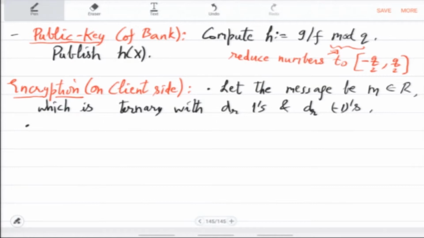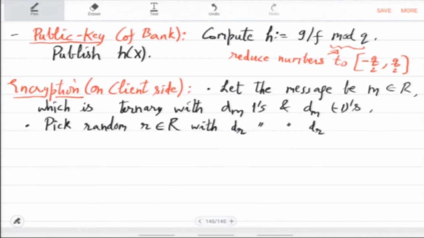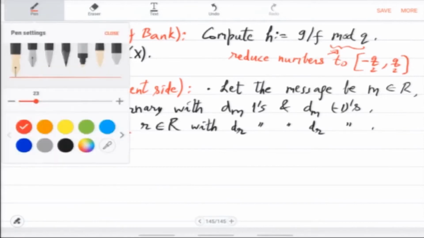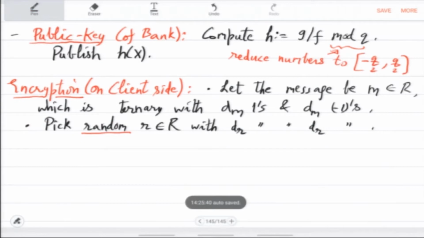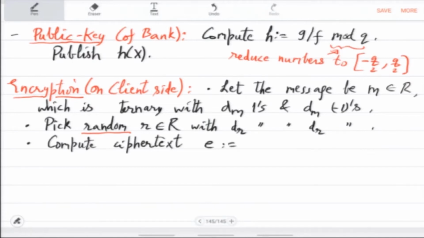So what the client will do is she will also pick a random element in the ring R. Sorry, I should call it dm, and r will have dr 1s. So pick a random r. Okay, so you have used all four parameters, df, dg, dm, dr, and the client computes the ciphertext from m, which is basically just adding some garbage to m.